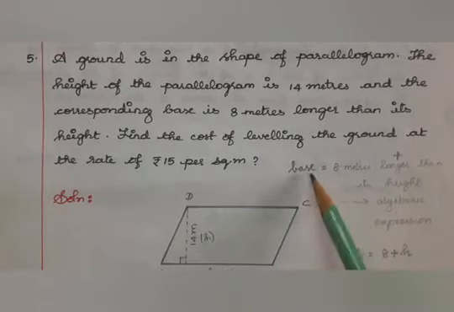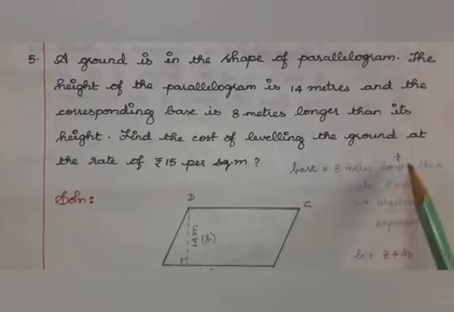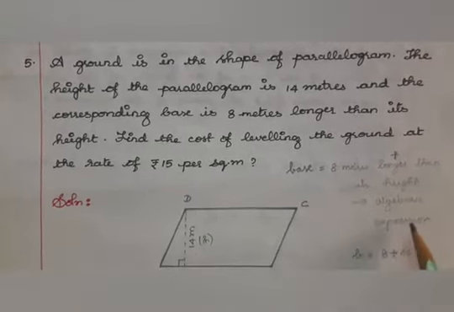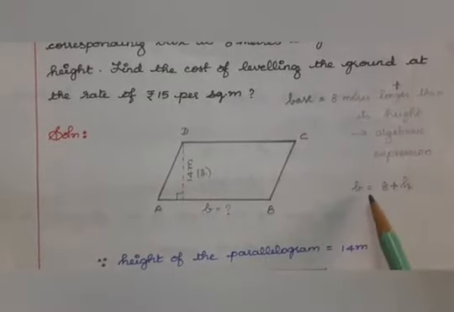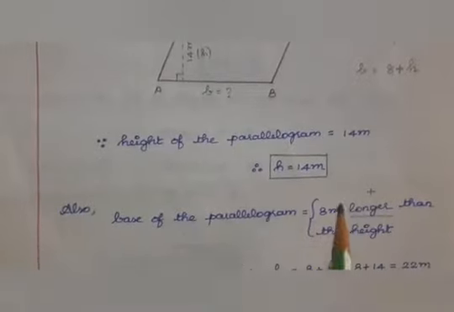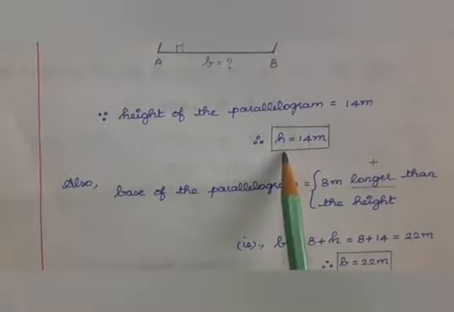Base equals 8 meters plus its height. When you change it to an algebraic expression, we can write base is equal to 8 plus h.